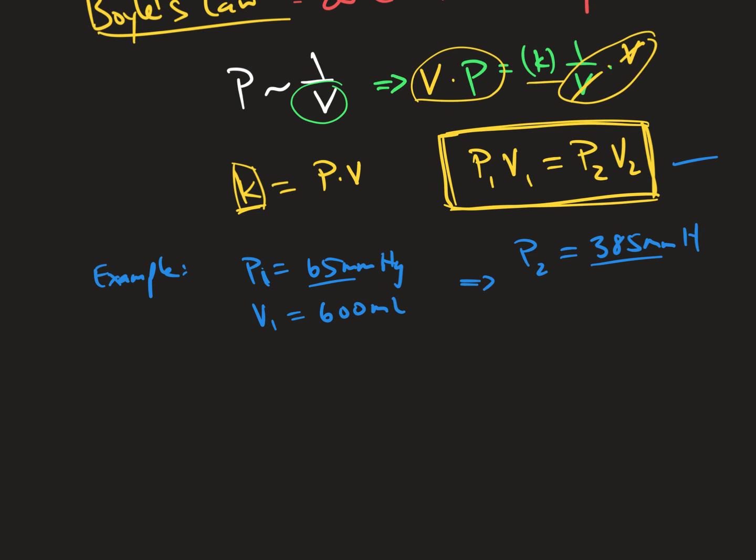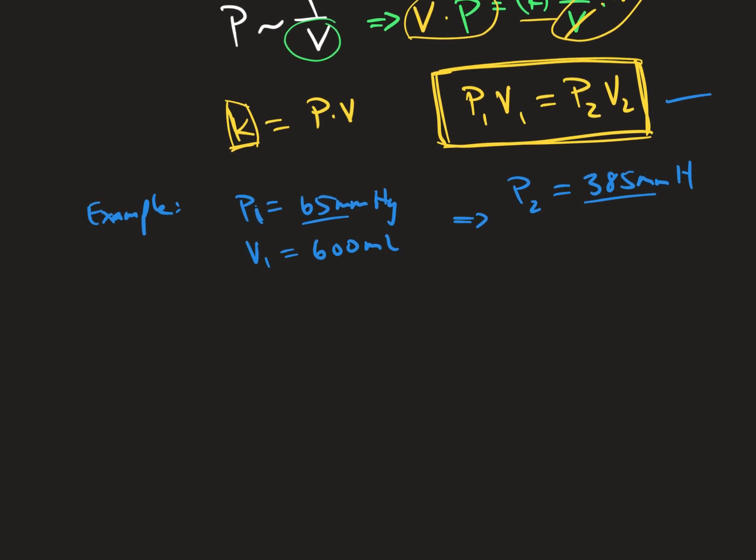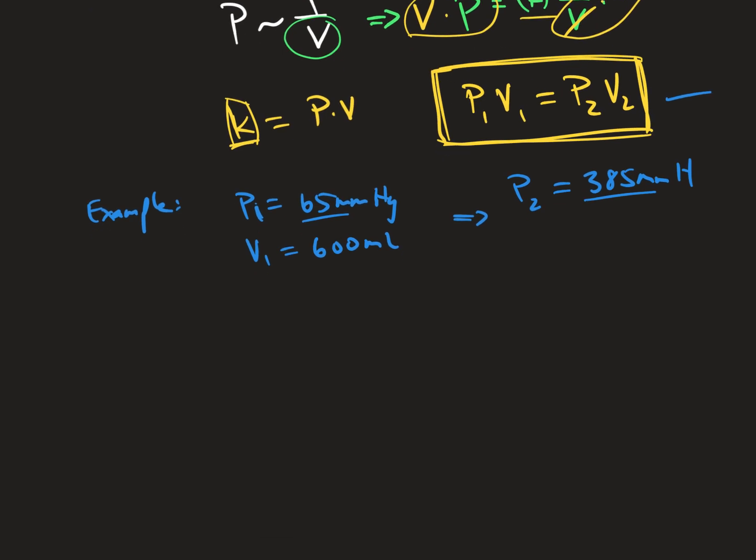Let's solve for it and see. If you understand it, then when you get your answer you can say, oh yeah, it should be that. So pressure 1 times volume 1 equals pressure 2 times volume 2. Again, this is at constant temperature, and you have to know that, otherwise you can't use this equation.